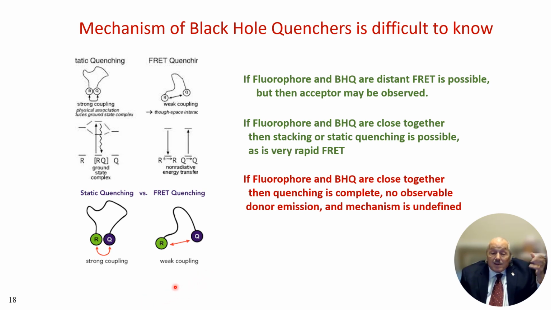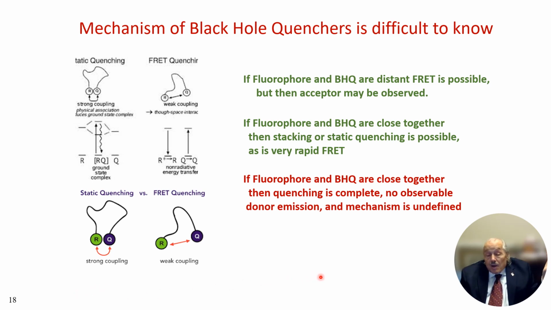Now, if you have fluorescence resonance energy transfer, you always want to have some donor emission as well as acceptor emission, or even if you had a black hole quencher, you're going to have some donor emission. So what you really want is to have no acceptor emission at all, and that means there's a tendency to try to put the donor and the black hole quencher close together.